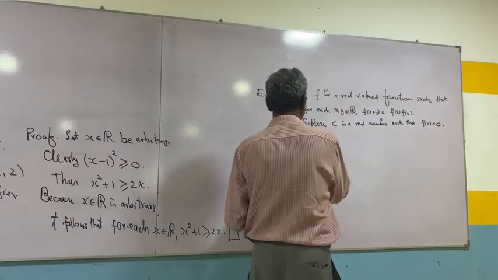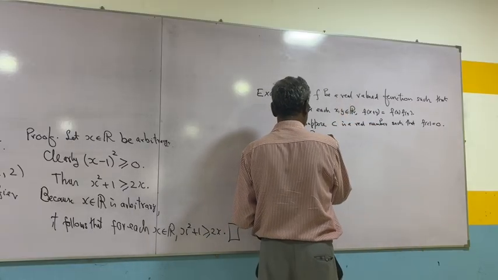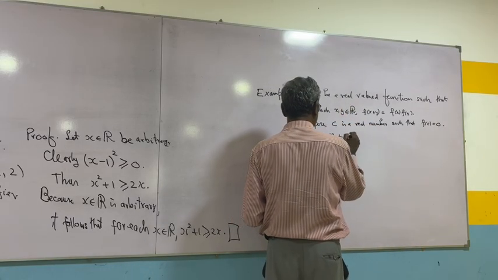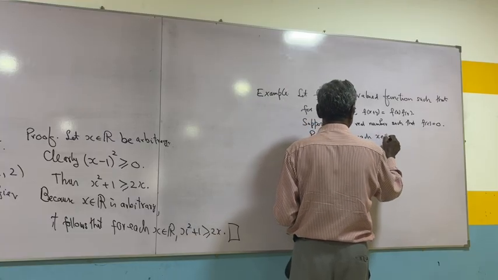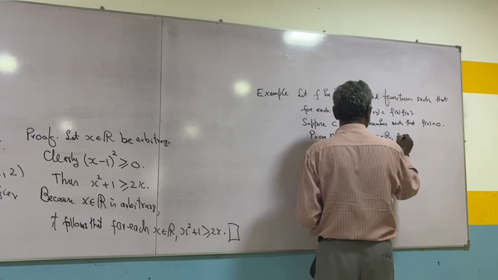Prove that for each x belonging to R, f of x equals 0.